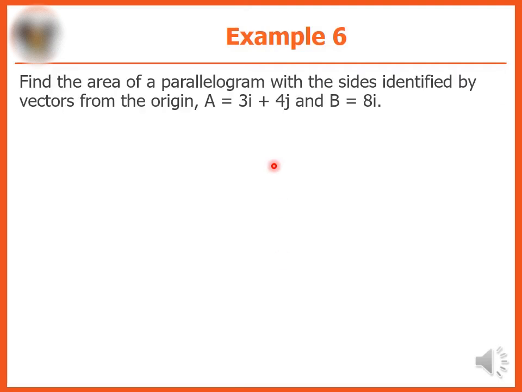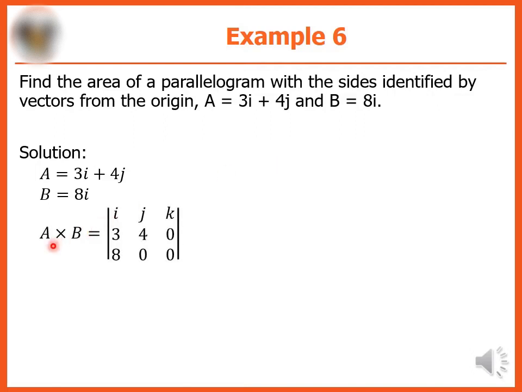For example, we're going to find the area of a parallelogram with sides identified by vectors from the origin. Vector A is 3i + 4j, and vector B is 8i. In solving this, we're going to solve for the cross product of A and B. So i, j, k, then the coefficients of vector A: 3, 4, and 0, and then the coefficients of vector B: 8, 0, 0.